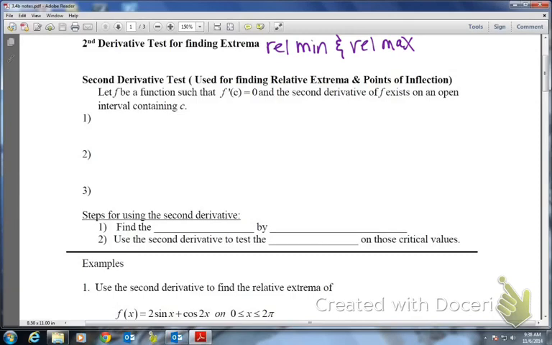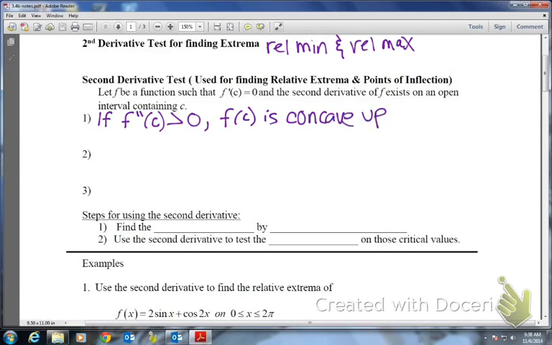The first one, if the second derivative, so if f double prime of c is greater than 0, or in other words, if the second derivative is positive, therefore f is what? What's the original function if the second derivative is positive? Good. Then f of c is concave up.